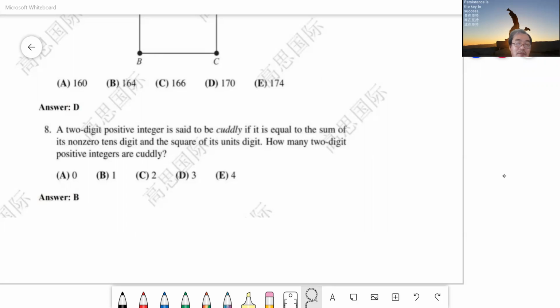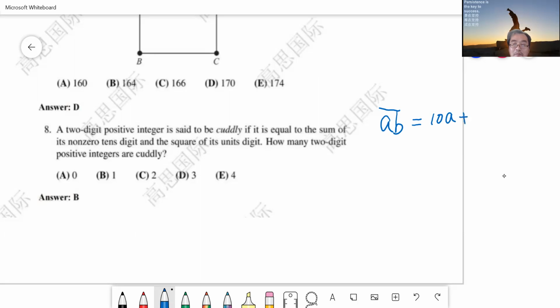All right, so we saw this kind of question before, right? If we have a two-digit number, we call the two digits A for the tens digit, B for the units digit. So this is the two-digit number, right? So this is equal to 10 times A, the place value is 10, right?